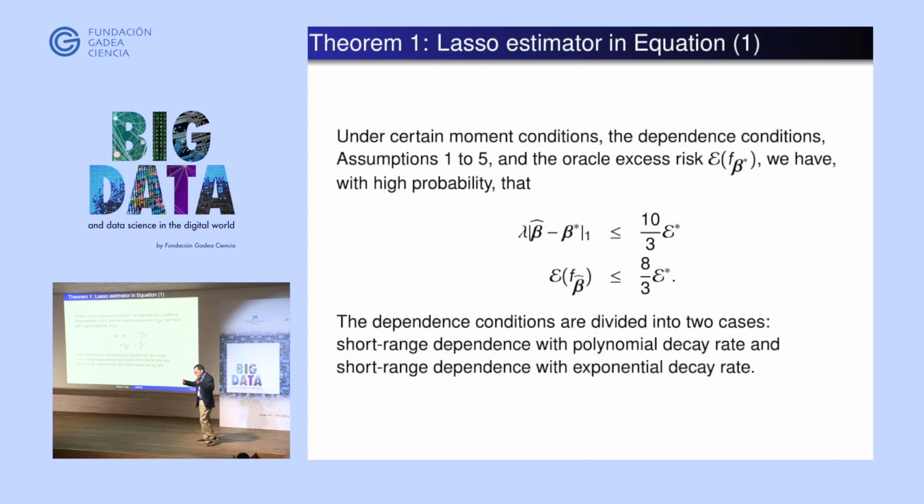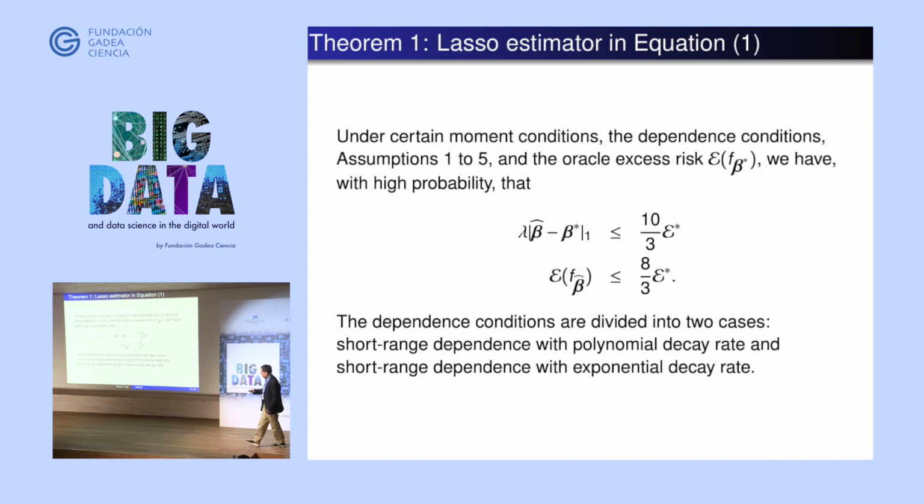Under those complicated conditions, you can establish this type of property for the L1 norm and also the excess risk. The dependence condition depends on two cases. One is short-range dependence with polynomial decay rate, which I already mentioned. The other is short-range dependence with exponential rate.